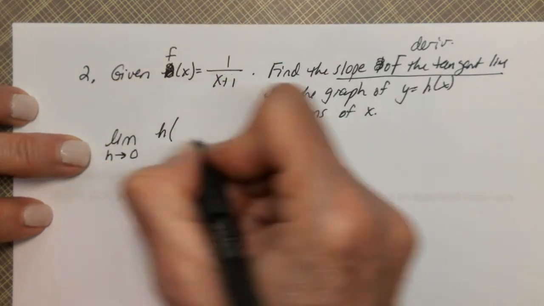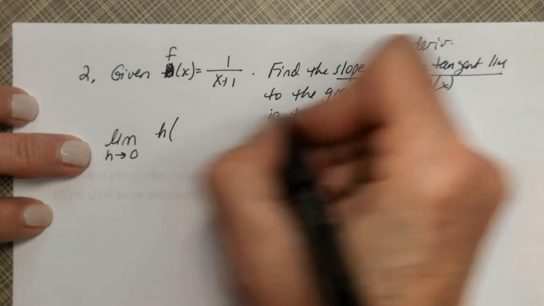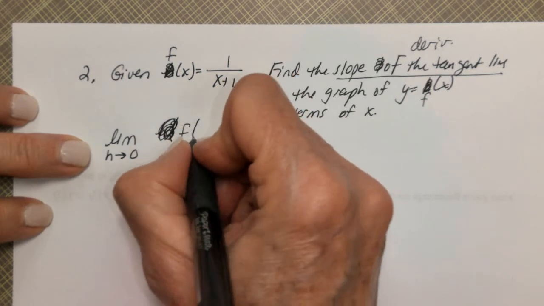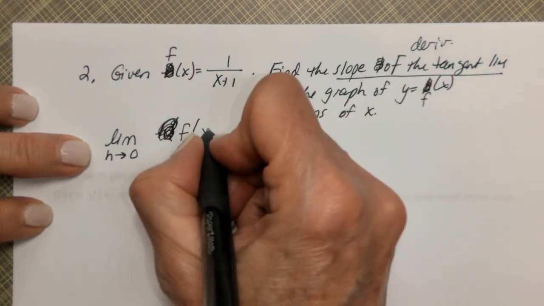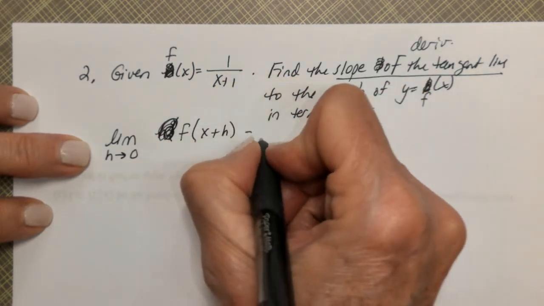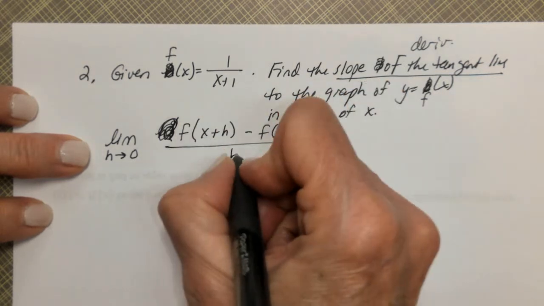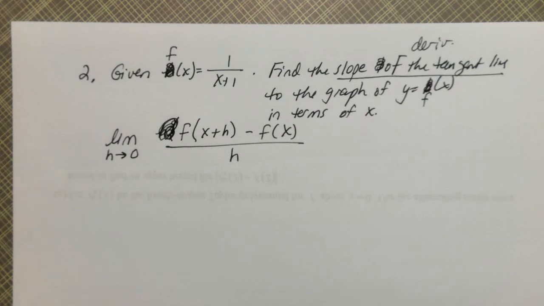I don't want you to get confused with the h's. So f of x plus h minus f of x all over h. So I took my definition of derivative and I just replaced every delta x with an h.